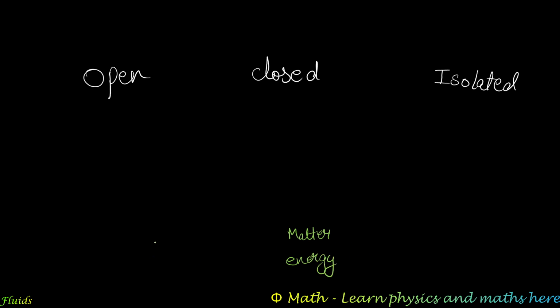We are going to look at matter and energy transfer in each of these systems. We will denote matter with M and energy with E. The open system, closed system and isolated system: the open system allows both matter transfer and energy transfer. But the closed system does not allow matter transfer, and only allows energy transfer. The isolated system does not allow any exchange.